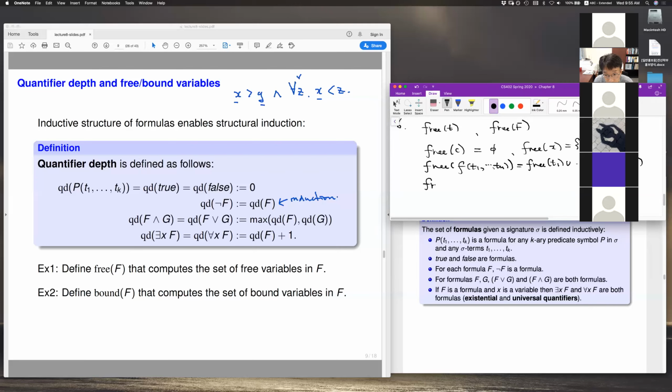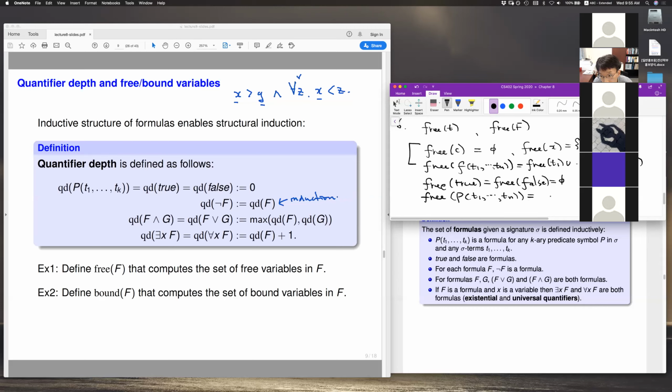Now how do we define free of formula f? Just like before, we define it inductively. The base case is either true or false. In that case there are no free variables, so we return the empty set. The more complicated base case is some predicate symbol P applied to the terms t1 to tn.